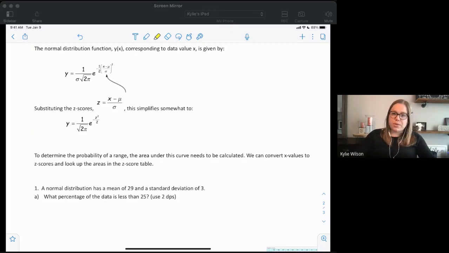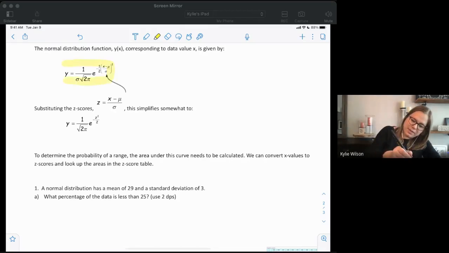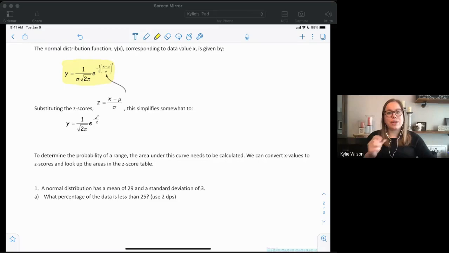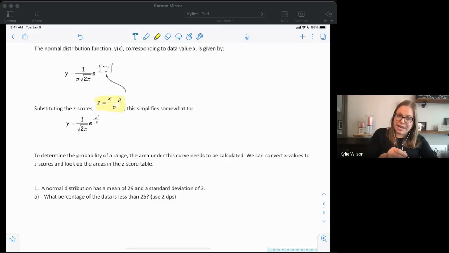So to write my normal distribution as a function, I can write it as this function right here. In other words, if I put this into Desmos and I graph it, I will get my normal distribution curve. Now, what we can also do is we can standardize it by using our z-scores.